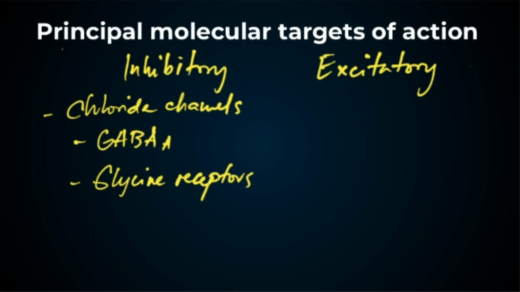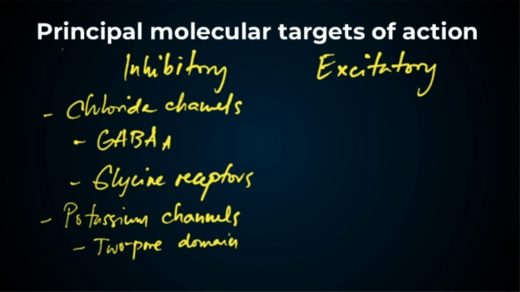This is important in inhibitory neurotransmission in the brainstem and spinal cord. Examples: propofol, barbiturates, and neurosteroids potentiate glycine-activated currents. And we also have potassium channels, an example of which are the two-pore domain channels. These two-pore domain channels are activated by halogenated inhalational anesthetic agents.